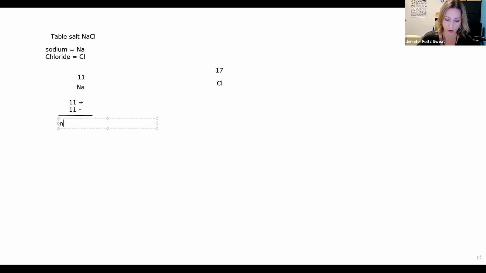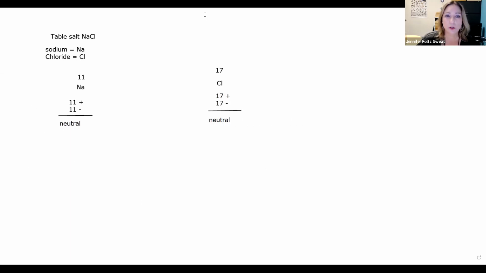I'll just write neutral. I think saying neutral is maybe easier to understand than saying no charge. So similarly, chlorine has 17 positive charges, 17 negative charges, which creates a neutral atom.